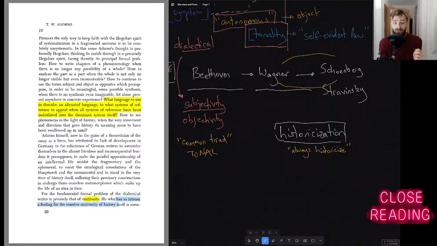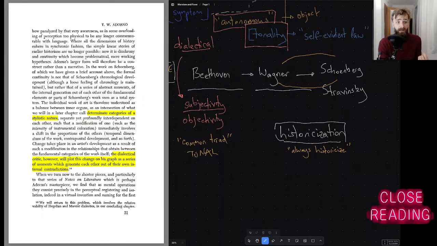He who has so intense a feeling for the massive continuity of history itself, is somehow paralyzed by the very awareness, as in some overloading of perception too physical to be any longer commensurable with language. Where all the dimensions of history cohere in synchronic fashion, the simple linear stories of early historians are no longer possible. Now it is diachrony and continuity which become more problematical, mere working hypotheses.